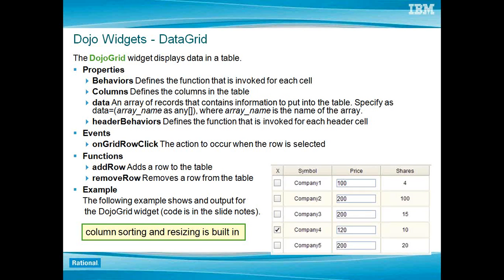We have Dojo Grid. It has a number of features: it has built-in sorting, column selection, row selection, and pagination enabled on this grid.